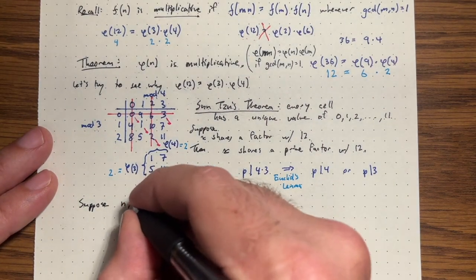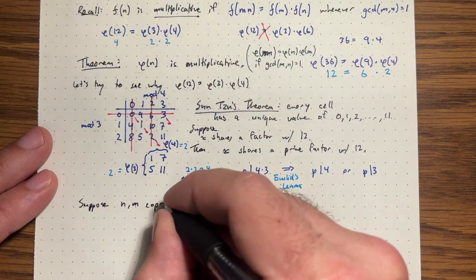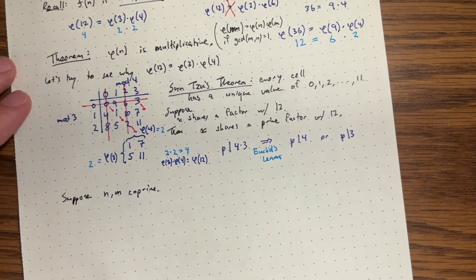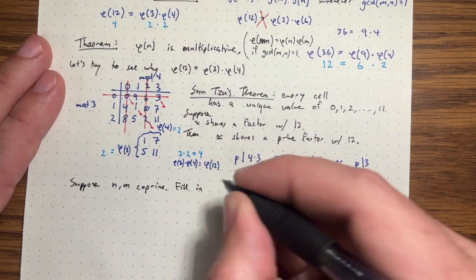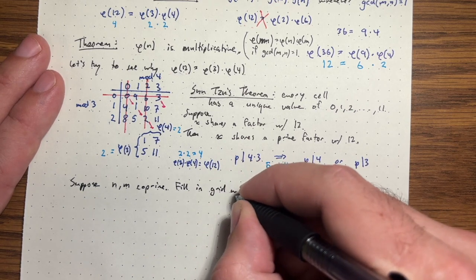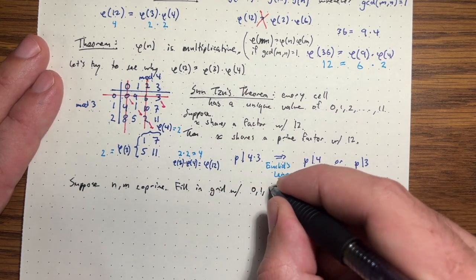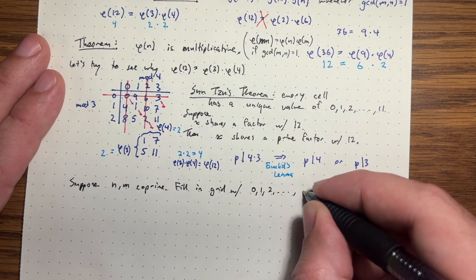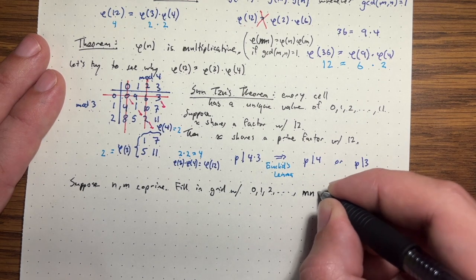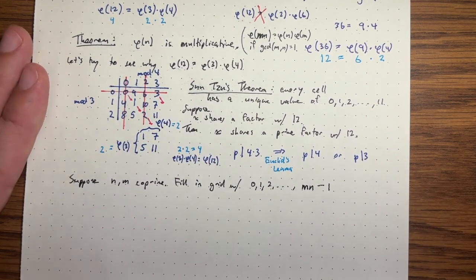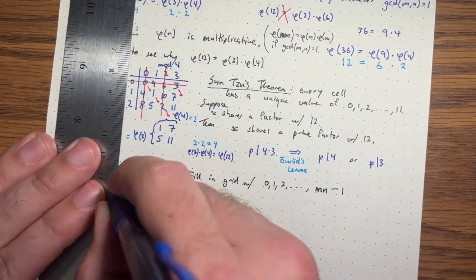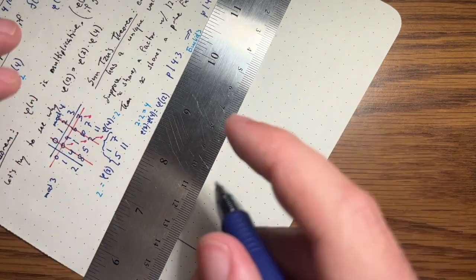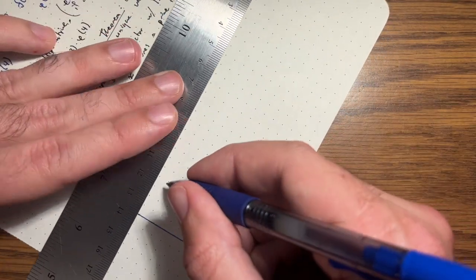So suppose n and m are coprime, gcd is 1. Then what we're going to do is create the same grid. We're going to fill in the grid with 0, 1, 2, all the way up to mn minus 1, just like what we did here. So we have a huge grid.